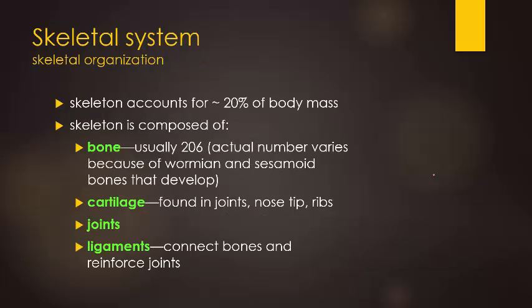Okay, now it's time to talk a little bit about skeletal organization, and then we'll be done. The skeleton is about 20% of the total mass of the body. Within the skeleton, there's about 206 bones. I usually say about because the wormian bones and any additional sesamoid bones that develop are not included in this 206.